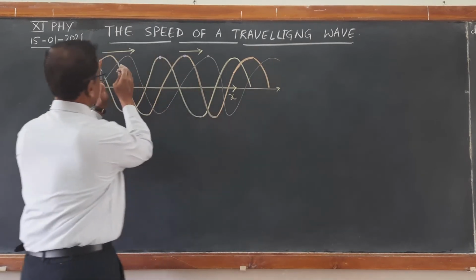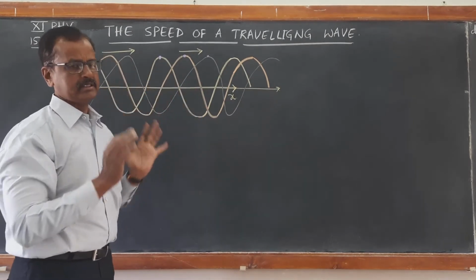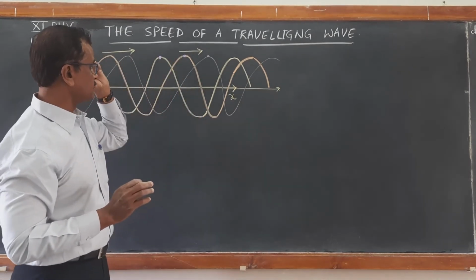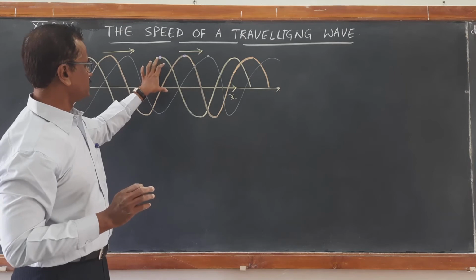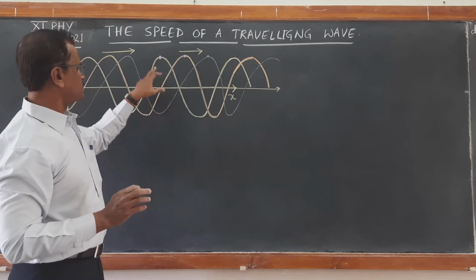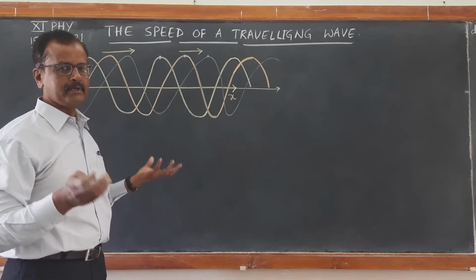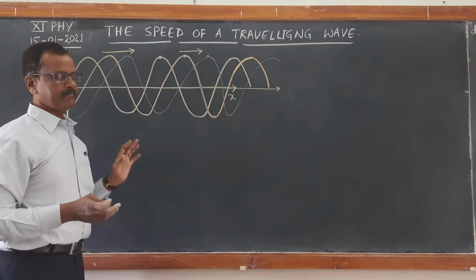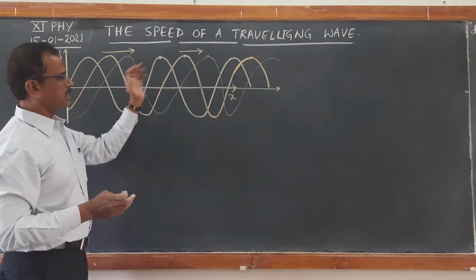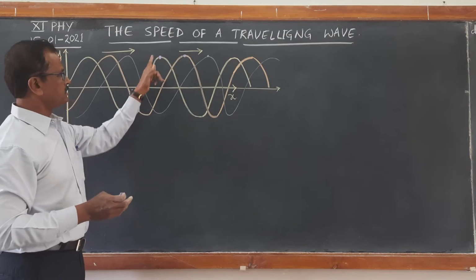In this way, the crest appears to be moving with, let us say, constant speed. The crest is nothing but the maximum displacement from the position. Maximum displacement from the undisturbed position gives you the amplitude, and the point of maximum displacement gives you the crest.